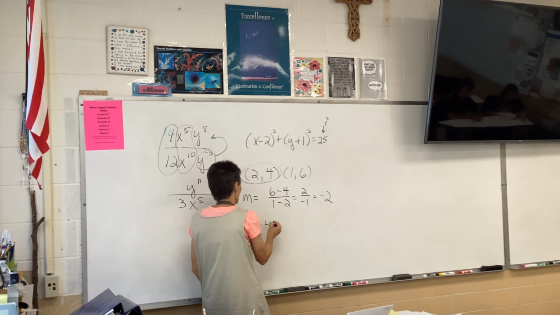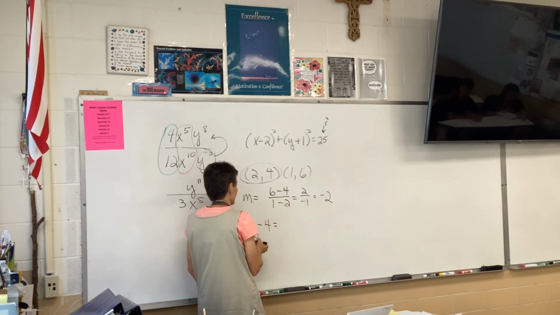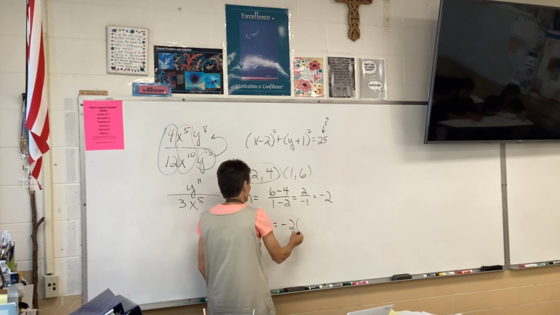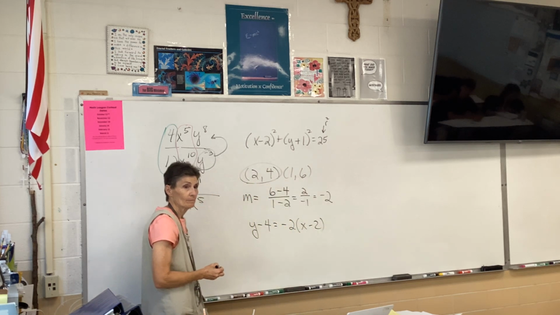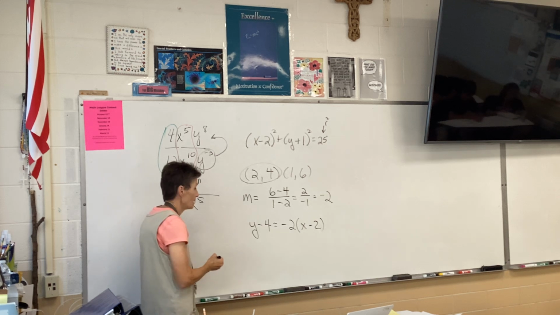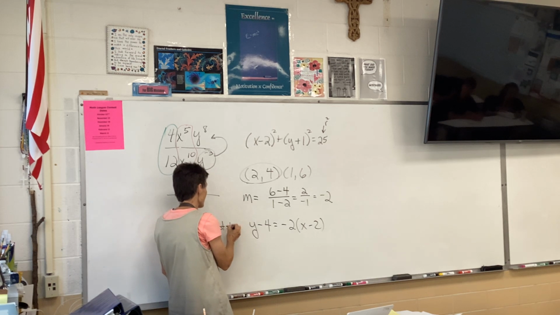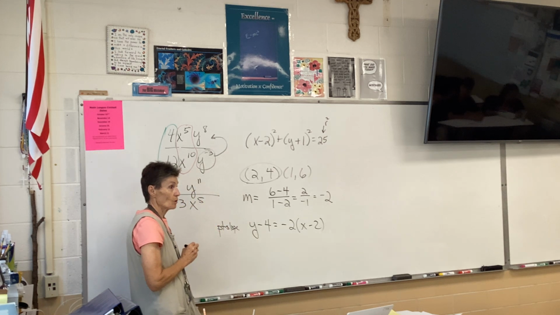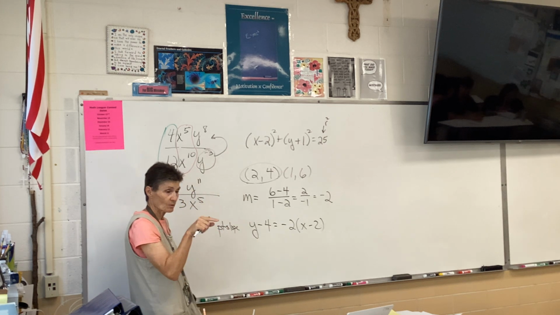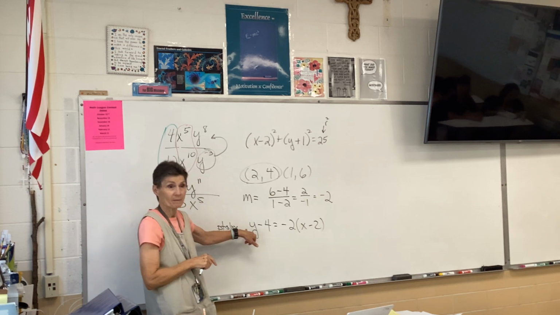y − 4 = −2(x − 2). This would be the point slope form. So if the directions said answer in point slope form, this would be the answer.